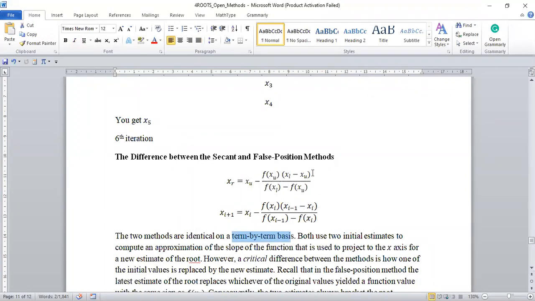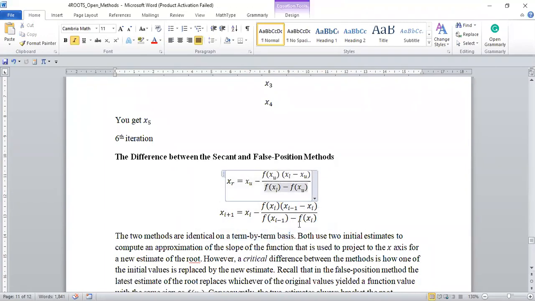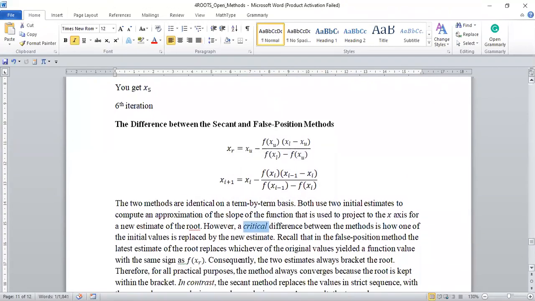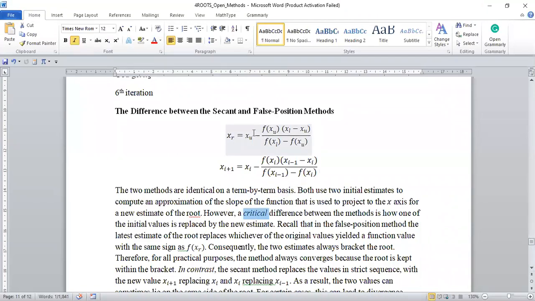So the next question you'll be asking is, what's the difference? The difference is that the false position method is a bracketing method. So the root should be between the lower limit and the upper limit.